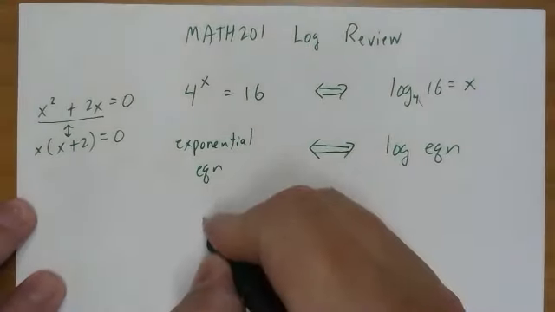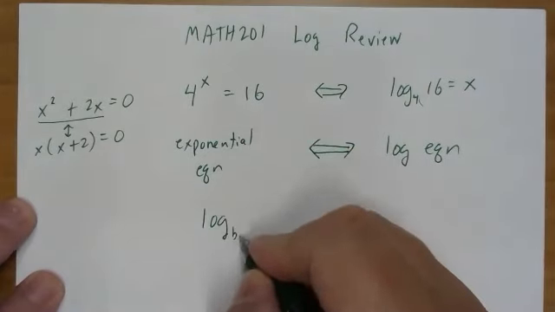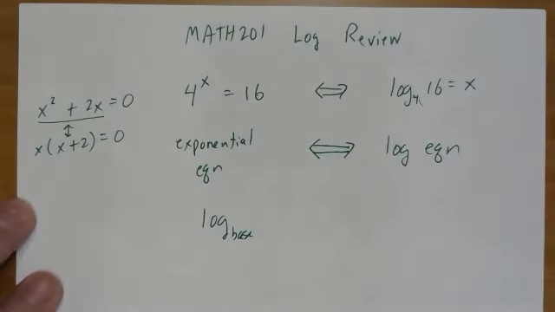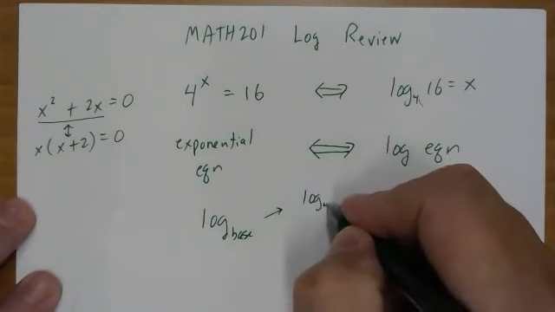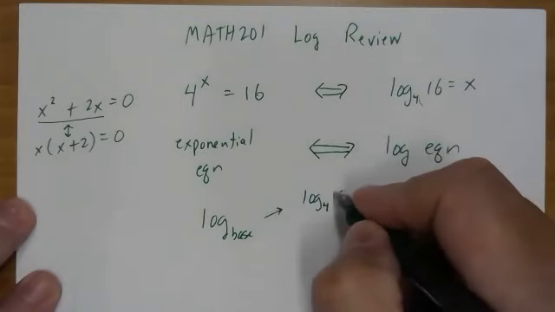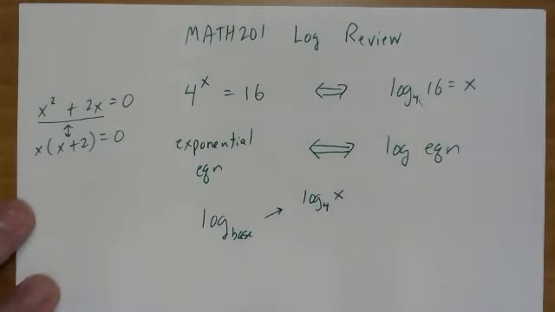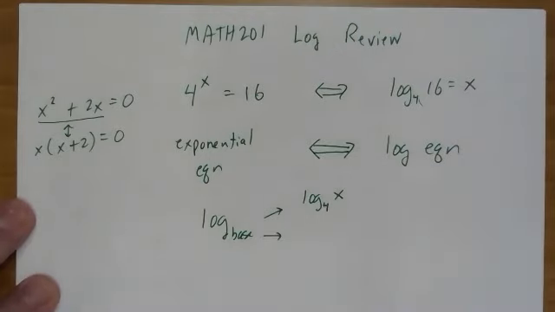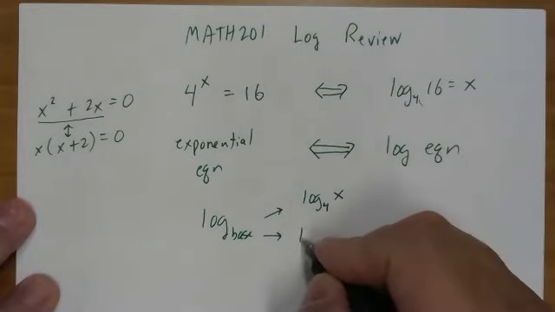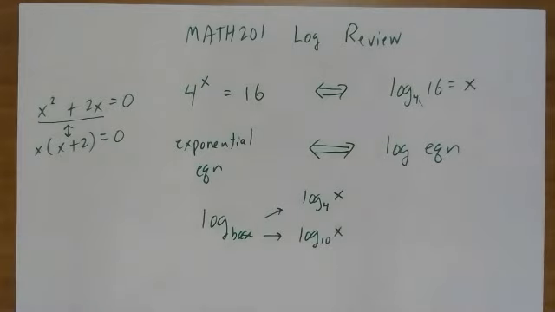For example, whenever you write a log, whatever number here is called the base. So for example, I could write log base 4 of x. I can put any number here as my base. Log base 10 of x.